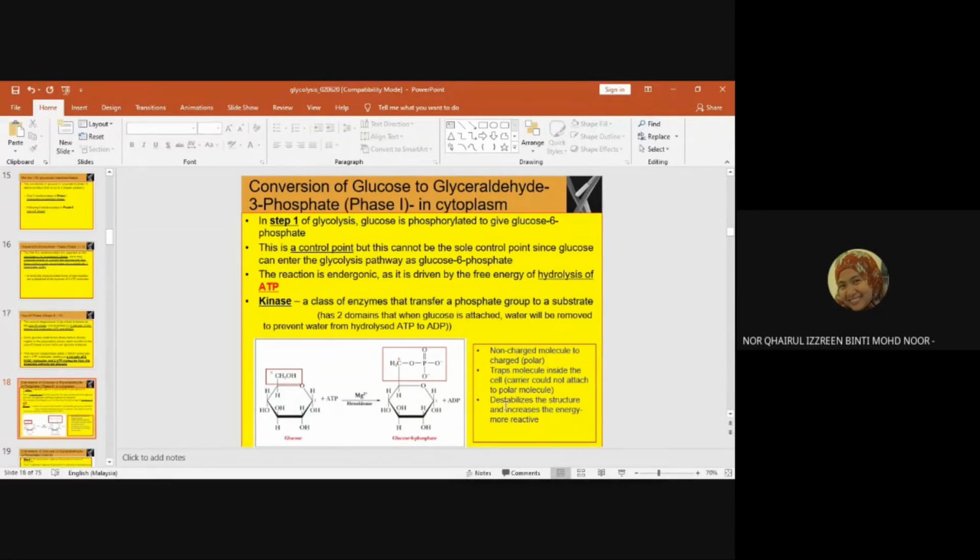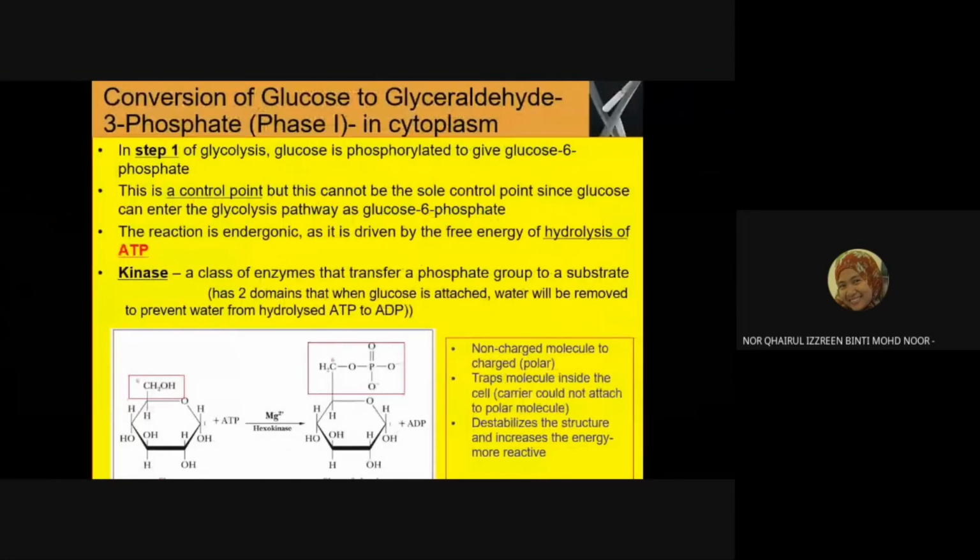In step 1 of glycolysis, glucose is phosphorylated, meaning the addition of a phosphate group, to give glucose 6-phosphate. This is a control point, but it cannot be the only control point since glucose can enter the glycolysis pathway as glucose 6-phosphate.